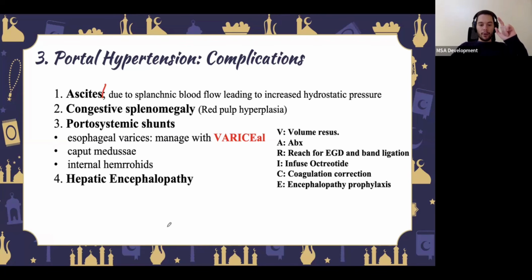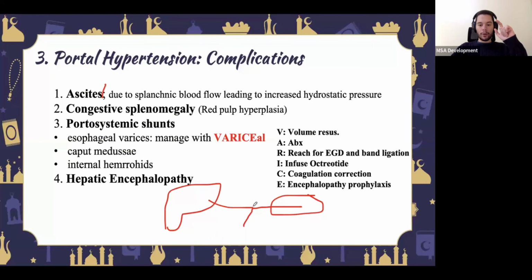So again, imagine the liver like this, and you have the spleen over here. We said that your splenic vein and your superior mesenteric vein both come together and form your portal vein. But if you have portal hypertension, blood would start congesting back into the spleen, and this would lead to splenomegaly. Now, again, it would congest back into all the GI organs, but this is why specifically it can cause splenomegaly.